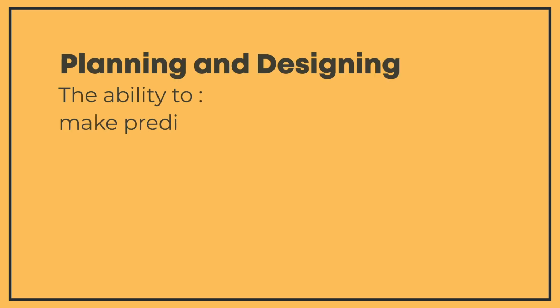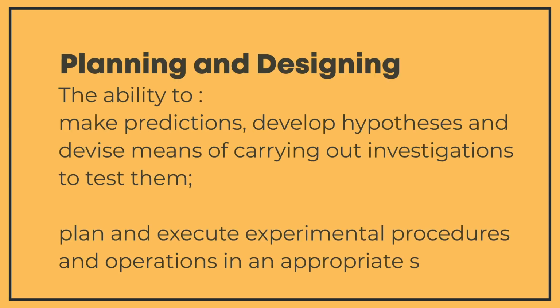As it relates to planning and designing, that simply just speaks to you putting a plan in place as an experimenter. So you are preparing a method of investigation that can be carried out by somebody else or by you. So you need to make sure you are able to write a proper hypothesis.